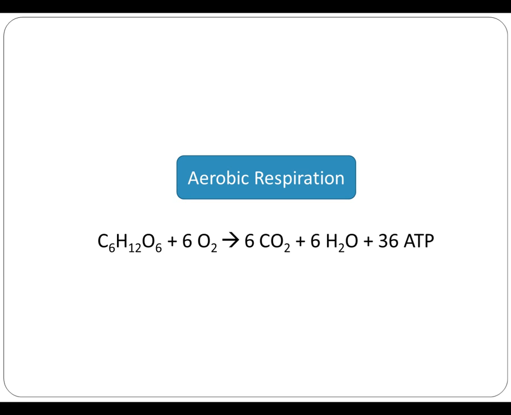The energy released is not photons, but a useful molecule called ATP. So we take an input of glucose and oxygen and transform it to produce ATP, which can drive other reactions, and liberate water and carbon dioxide.